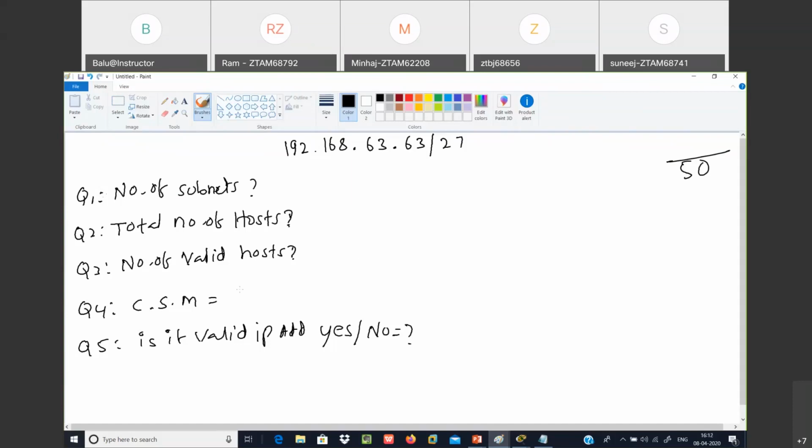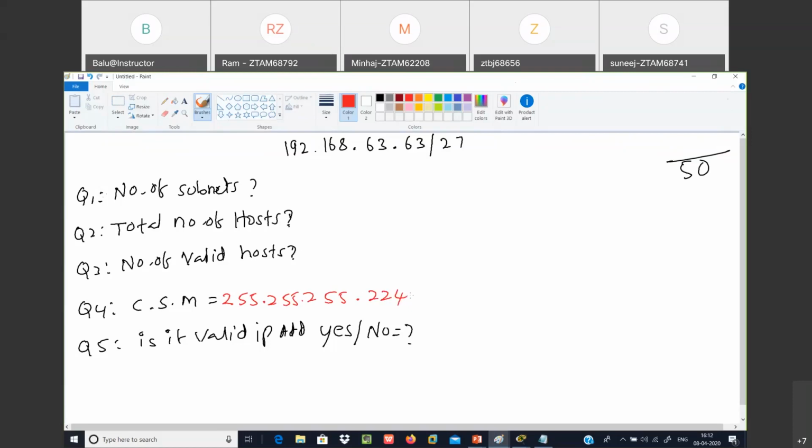This is the answer. Question number 4 answer is 255.255.255.224. That is the customized subnet mask, right?